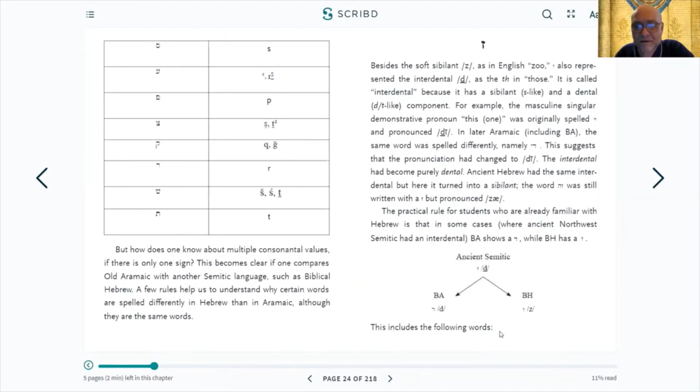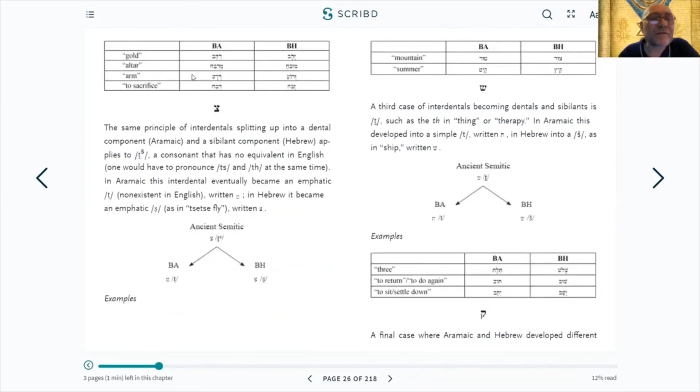Okay, this includes the following words. Okay, so we've got Biblical Hebrew, we've got Zahav, but in Biblical Aramaic, we've got Dahav. Remember, I think we did that word in the other one too.